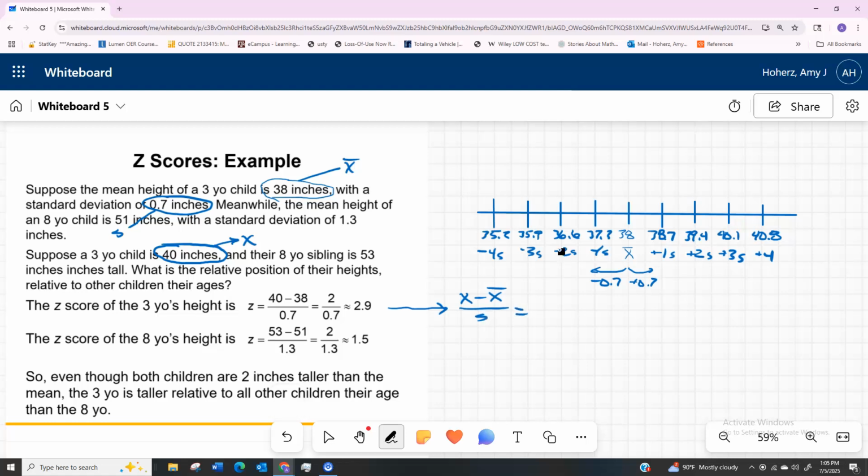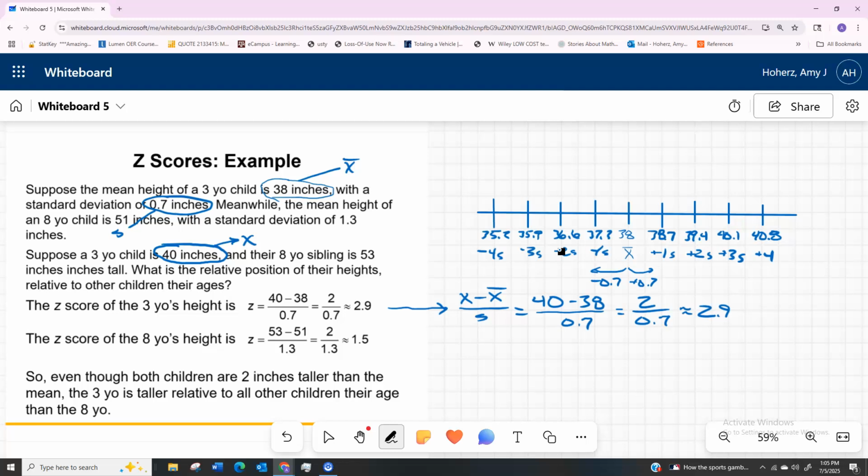So for the 3-year-old, their x was 40, their x bar was 38, and then their s is 0.7. So in this case, the child was 2 inches above average. Divide that by 0.7, and you get that they're at the 2.9 z-score.